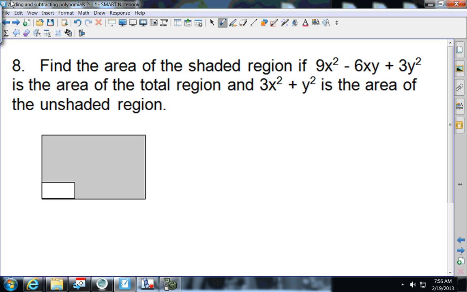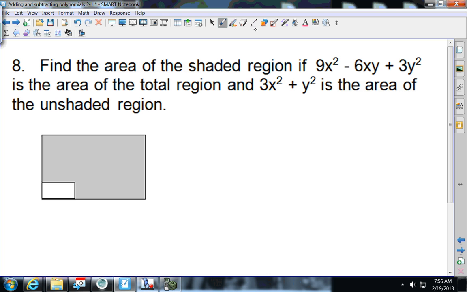Okay, this one says, find the area of the shaded region, and it gives you that the whole 9x squared minus 6xy plus 3y squared is the area of the total region, and 3x squared plus y squared is the area of the unshaded. Whoa. Okay.